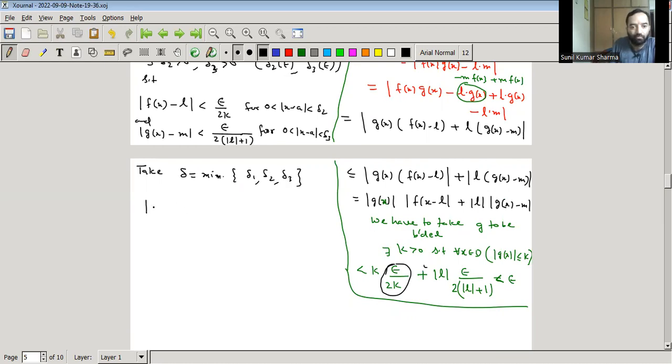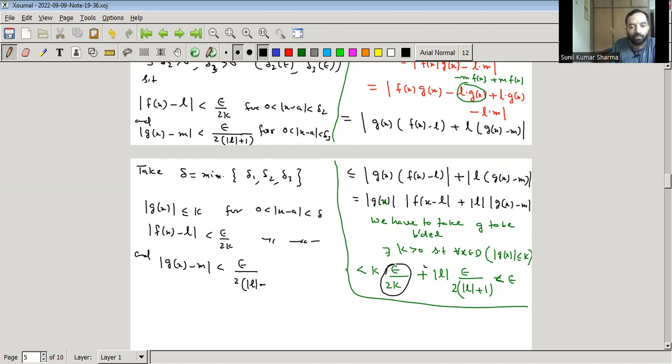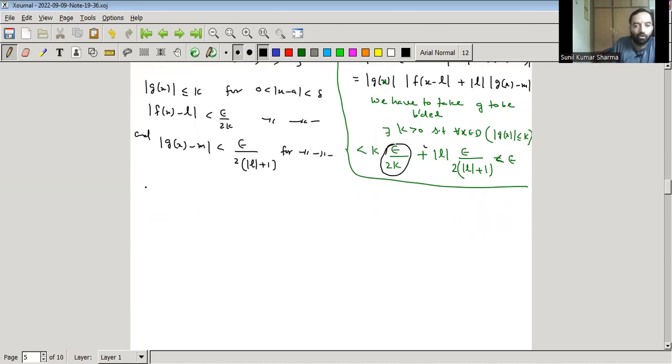So we get mod g of x is less than or equal to k for 0 less than mod x minus a less than delta, mod f of x minus l less than epsilon upon 2k for the same neighborhood, and mod g of x minus m less than epsilon upon 2 into mod l plus 1 for the same 0 less than mod x minus a less than delta. Now we start the estimation.